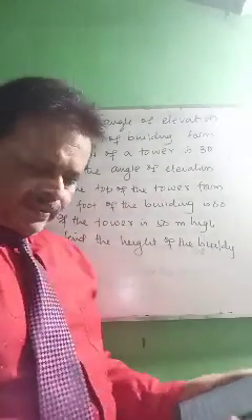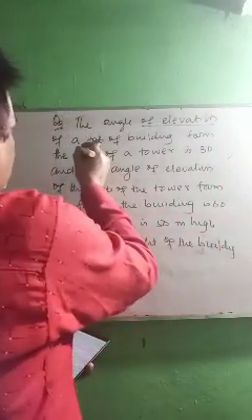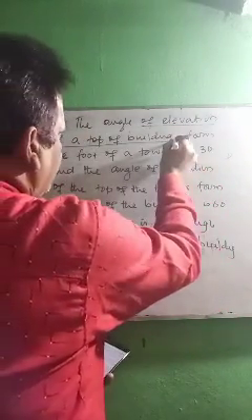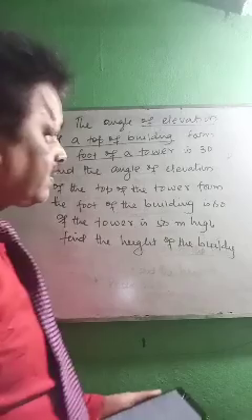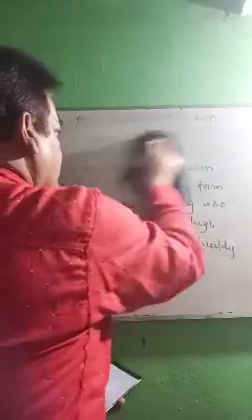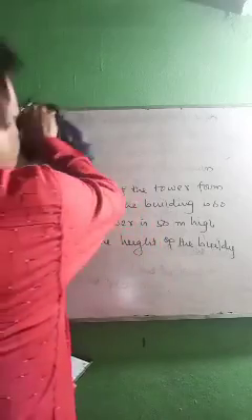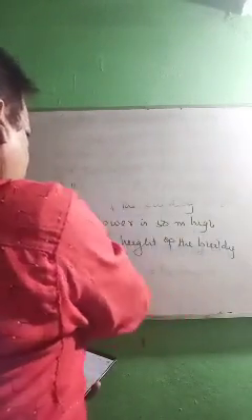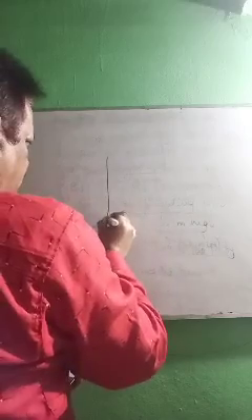Okay, so what you have to see is angle of elevation of the top of building from the foot of a tower. This is what you have to understand. Okay, so there are two things you have to draw here. So one has to be like this, one has to be like this.